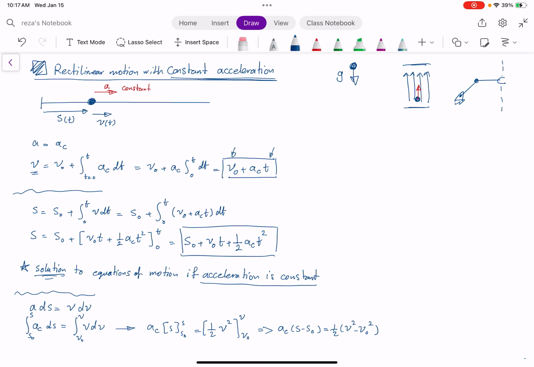It often looks nicer to take this 1/2 and bring it over to the other side, and there you have it. You have a relationship between the initial and final positions and velocities if acceleration is constant and known.